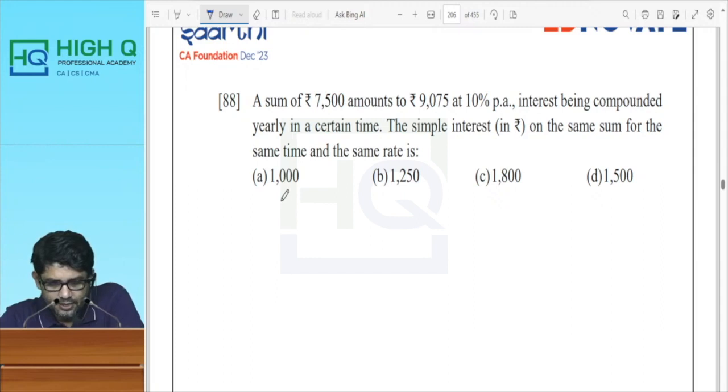A sum of 7,500 rupees amounts to 9075 at 10% per annum interest compounded yearly in a certain time. The simple interest on the same sum for the same time and the same rate is?